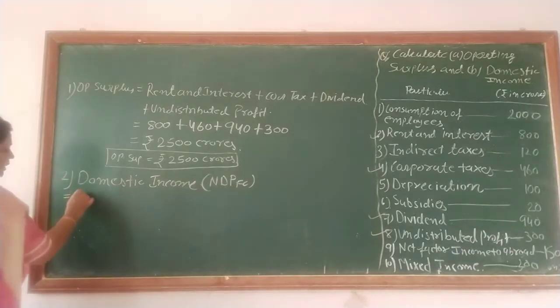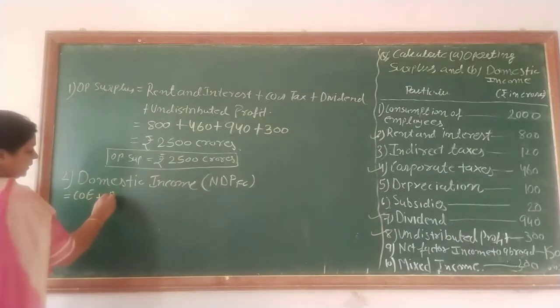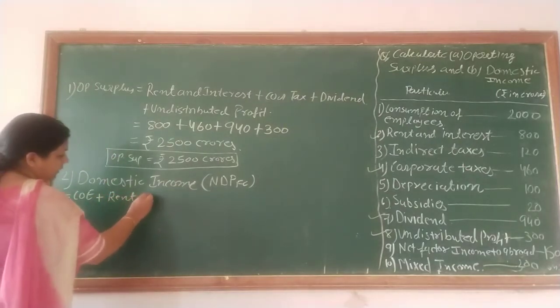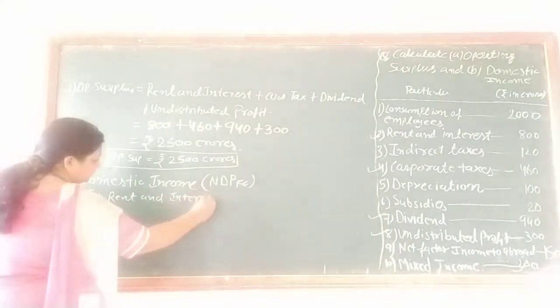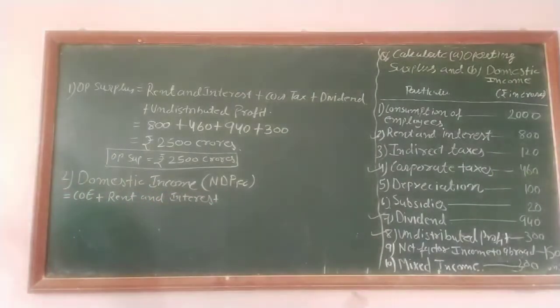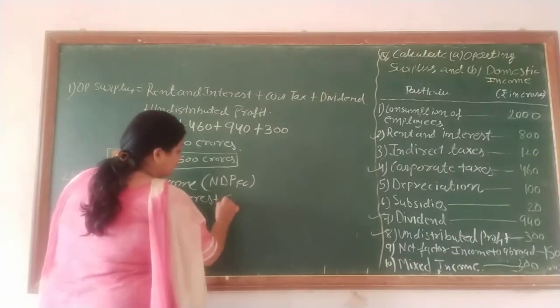That is called COE. Compensation of employees plus rent and interest, then plus corporate tax plus dividend plus undistributed profit plus mixed income, also a part of the NDPFC.